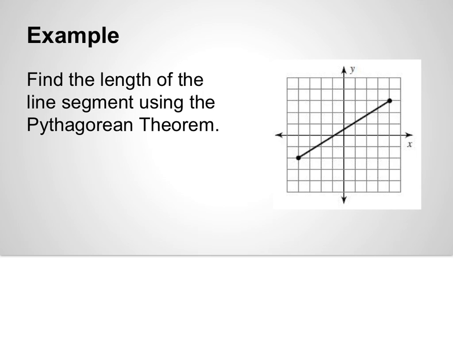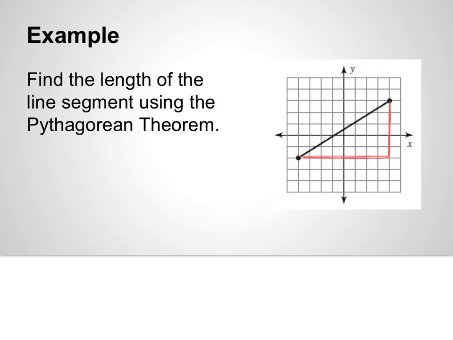Now, with a graph, it might be a better option to use the Pythagorean theorem, and here's why. I can take any diagonal line like this, make a horizontal line along the base, and connect it to a vertical line to the other endpoint to make a right triangle. Now, I can count over and say 1, 2, 3, 4, 5, 6, 7, 8.